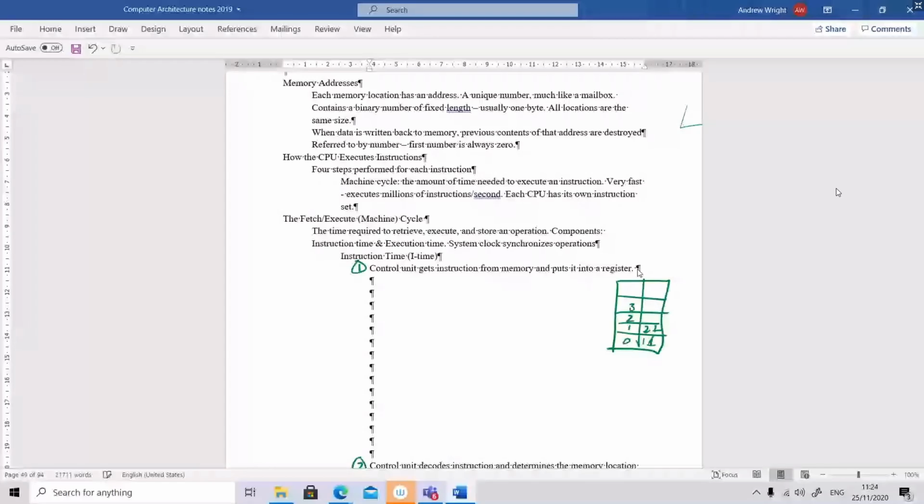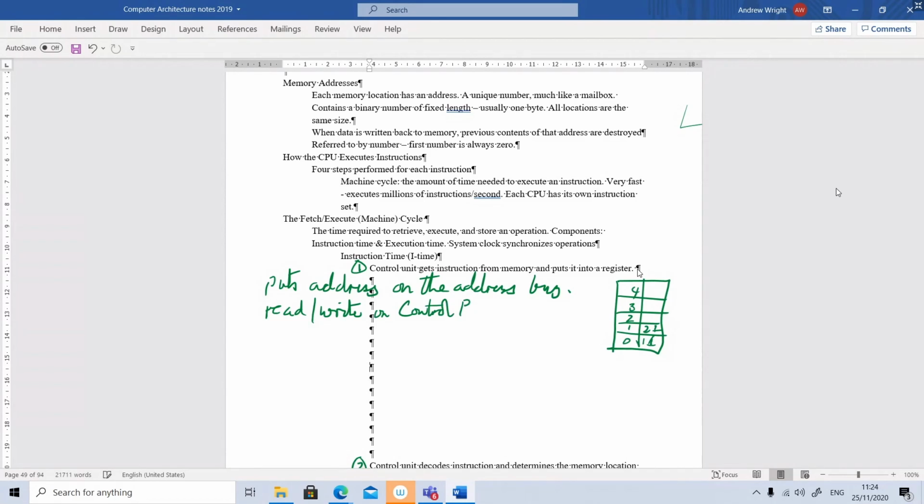What it does is it puts the address of the instruction on the address bus. And it has what is called a read-write line, which is on the control bus, and it sets it to read.